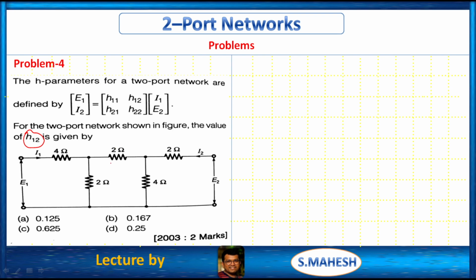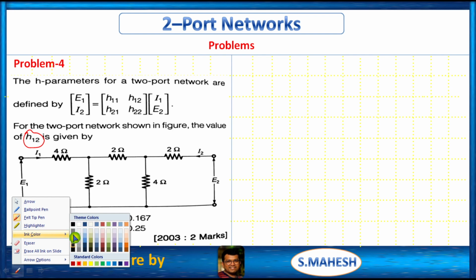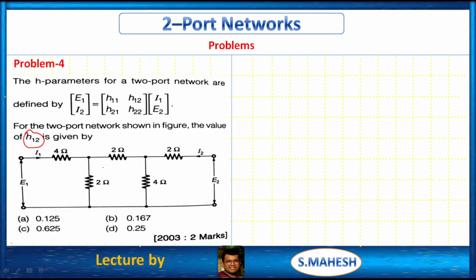With the Z parameter representation, we can get the hybrid parameter H12. What is the procedure to get the Z parameter representation? Obviously we have to open circuit the input port as well as the output port. From that we can get the values of Z11, Z12, Z21, Z22.